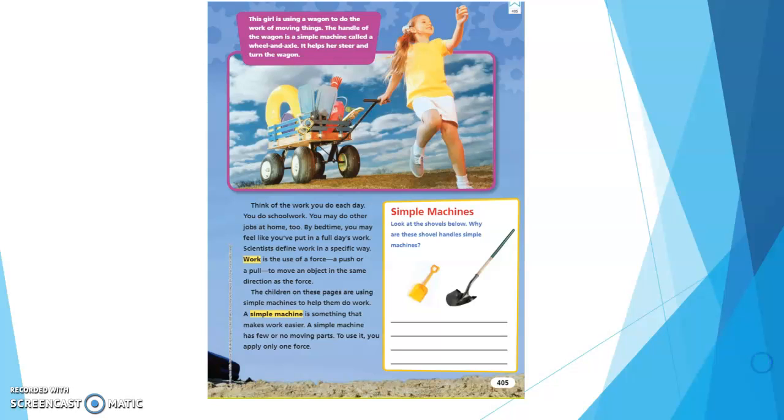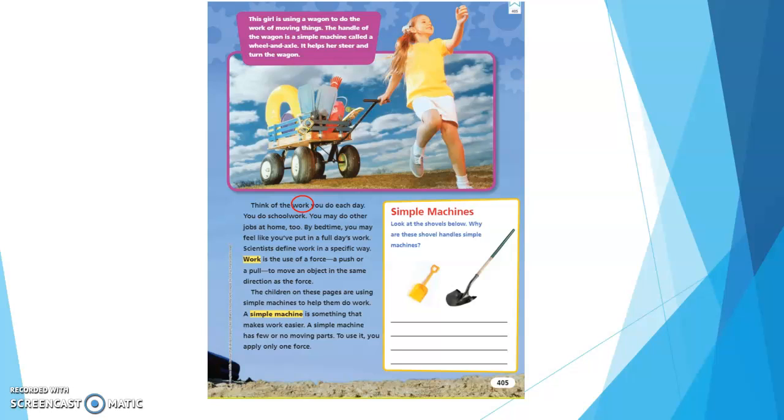You do work each day. Circle around the word work. You do schoolwork. You may do other jobs at home. You can put the toys away. You can help mom too. By bedtime, you may feel like you've put in a full day's work.